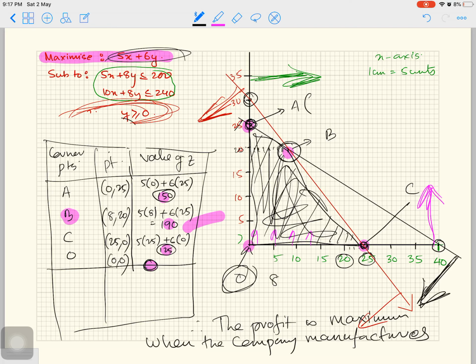I'll write it up here. 8 units of A and 20 units of B. So that is the answer for the linear programming problem. So the company would have maximum profit when they produce 8 souvenirs of type A and 20 souvenirs of type B.